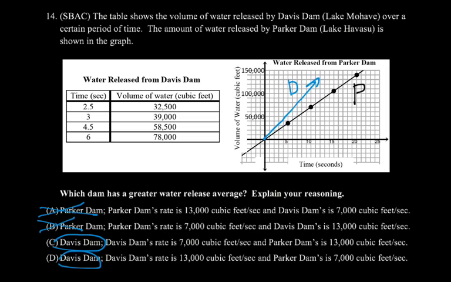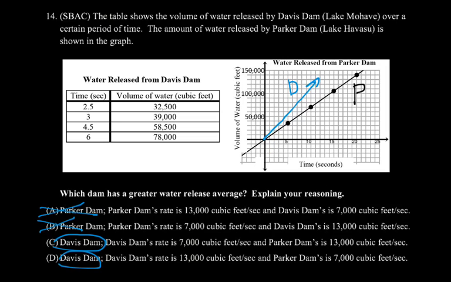Is it 7,000 cubic feet? Is it 13,000 cubic feet? That is saying for 1 second. So at 1 second, how much is it? Now if I zoom in here at 1 second, focus on that area.